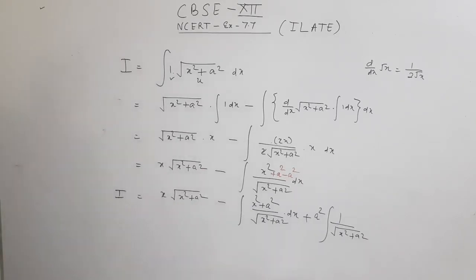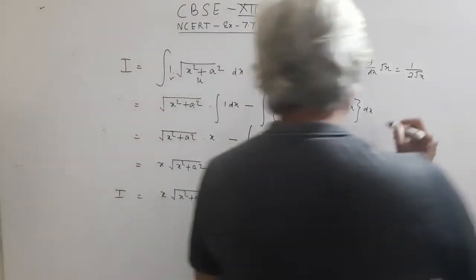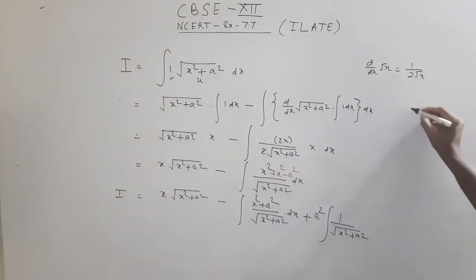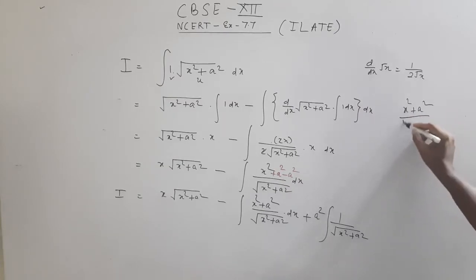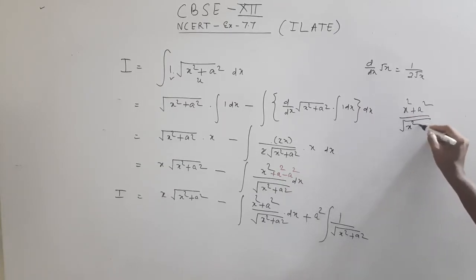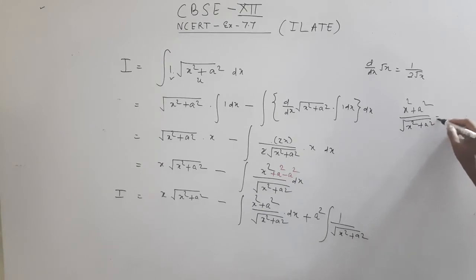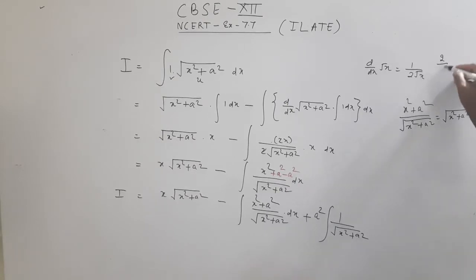Now if you pay attention to this part, this is a very vital part. x square plus a square over under root x square plus a square is nothing but under root x square plus a square. It is very much like 2 over under root 2 is just under root 2.